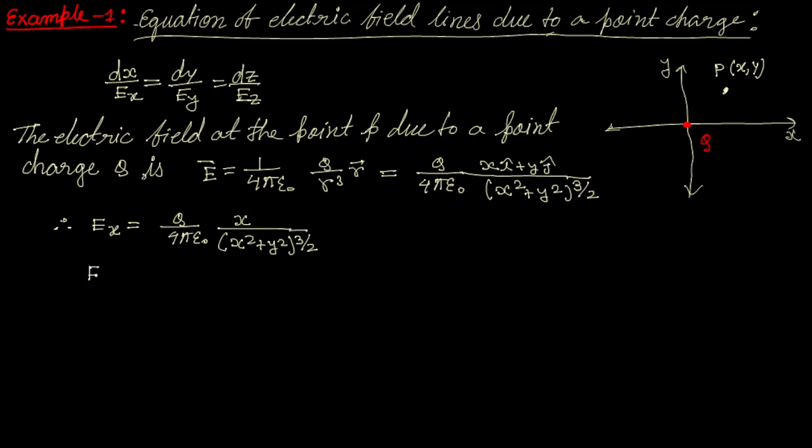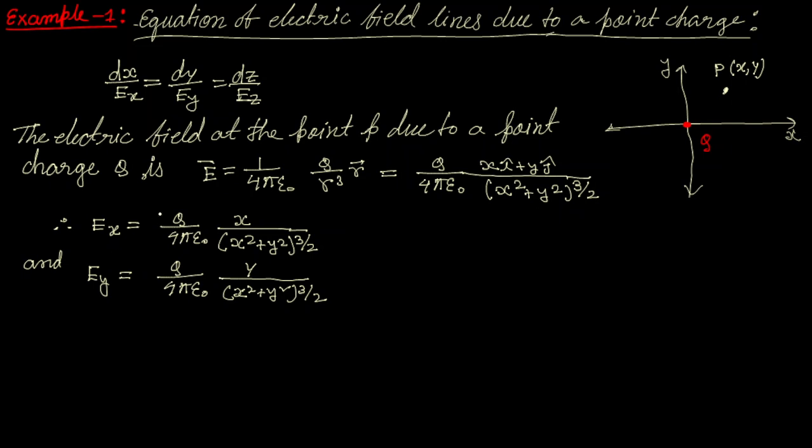And in the same way, the y component of electric field Ey is equal to Q divided by 4 pi epsilon naught, y divided by x square plus y square, all to the power 3 by 2.